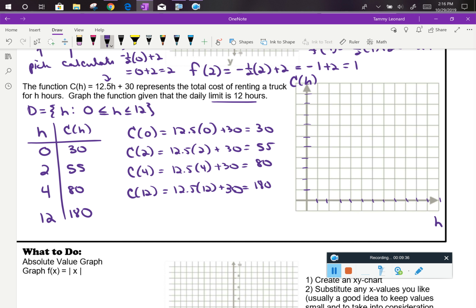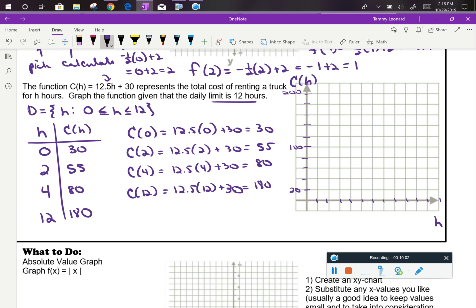There doesn't seem to be a really easy scale to work with. If I could go by 10s, that would be nice, but that doesn't really fit. It does look like I could fit if I went by 20s, so let's go ahead and do that. So if I have 20, 40, 60, 80, 100, 120, 140, 160, 180, 200, I know that everything will fit, and it won't be too terrible to graph.